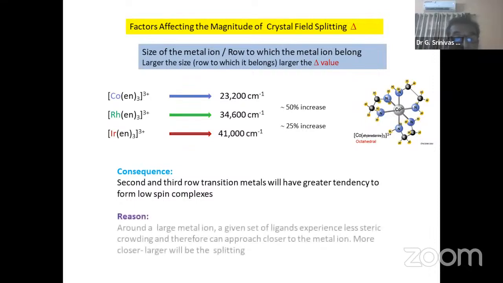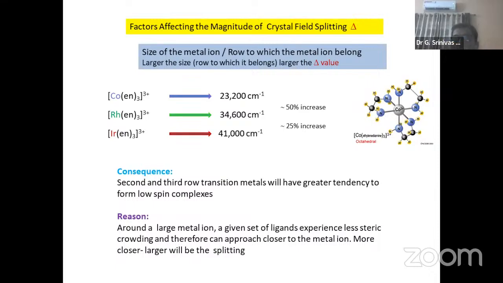So what is the reason? Around a large metal ion, a given set of ligands experiences less steric crowding, and therefore can approach closer to the metal ion. The closer they come, the larger the splitting.